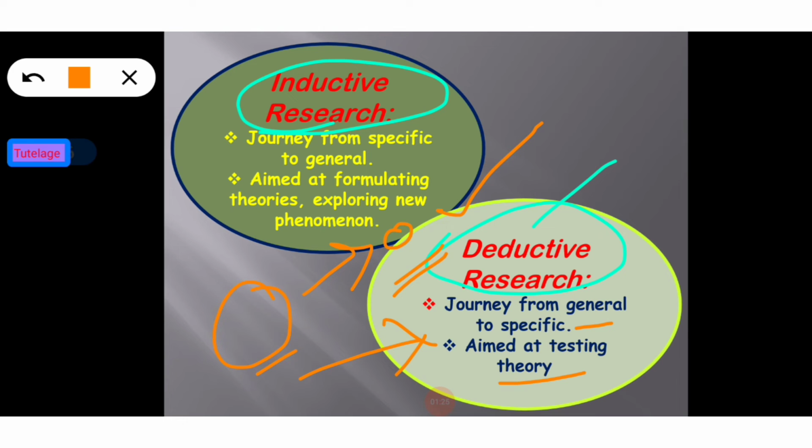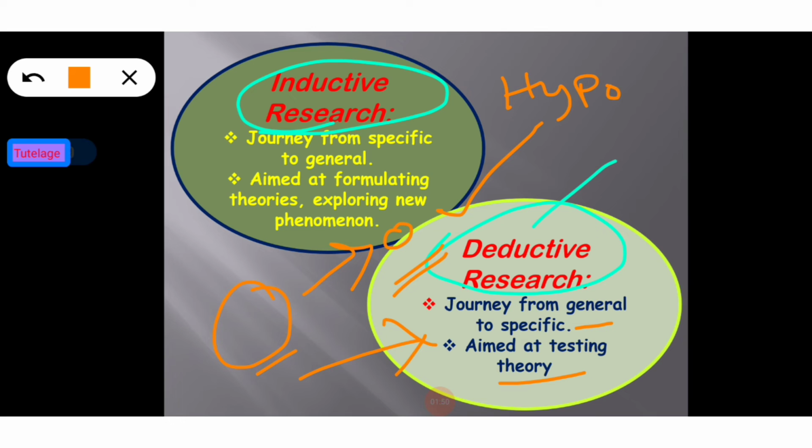Clear? A deductive theory is developed to explain why something occurs. It is tested through research, and the theory is either accepted, rejected, or revised. So it begins with the hypothesis.